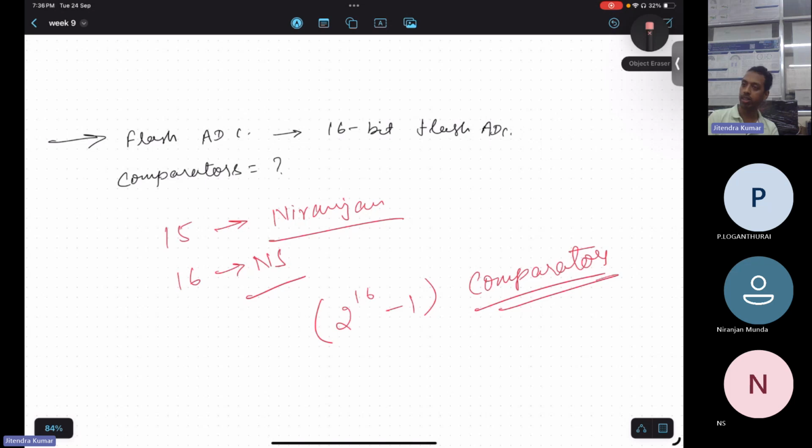So that is why it is the fastest, but it is the most expensive. Yeah, 65535. Let me calculate 2 to the power 16 minus 1. Yeah, 65535. Okay, you're welcome.